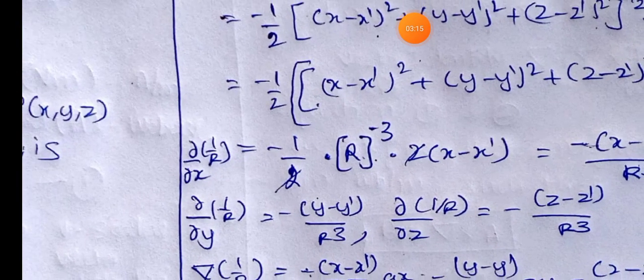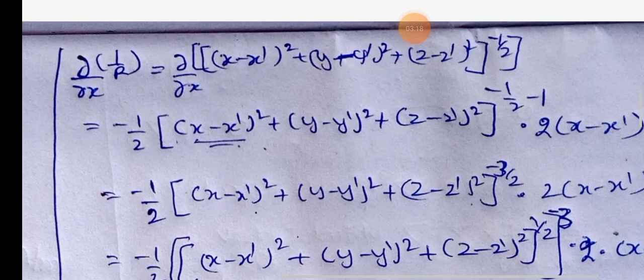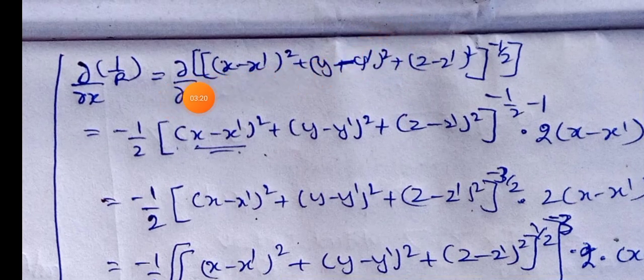Now let us see the differentiation. 1 by r is (x minus x dash) whole square plus (y minus y dash) whole square plus (z minus z dash) whole square, whole to the power minus 1 by 2, because it is 1 by r. Differentiation of this term is just like x to the power of n, where n is minus 1 by 2.